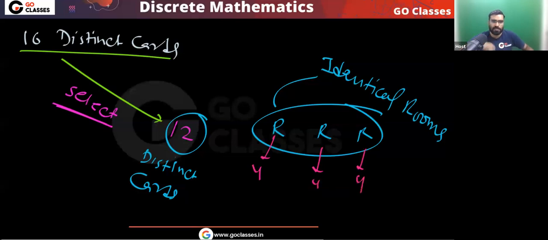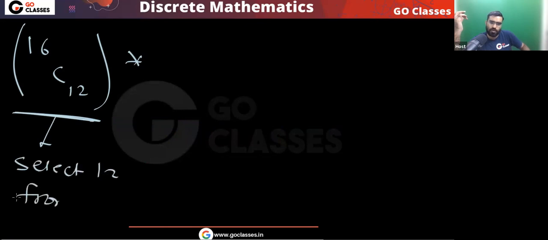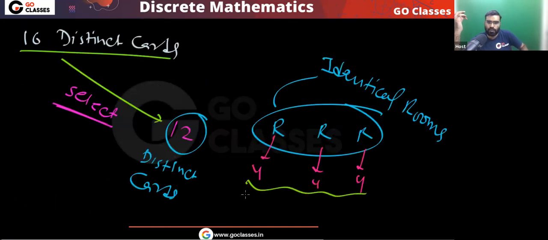So tell me the answer. First you select 12 from 16. This is the one thing you need to do. The second thing is 4, 4, 4.